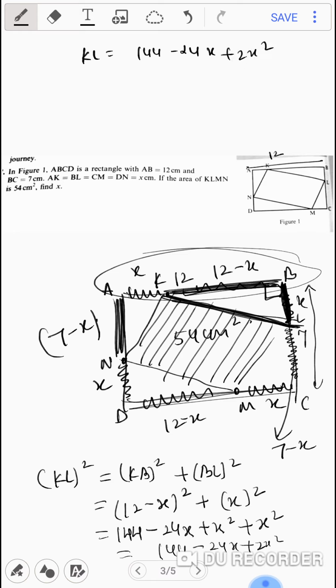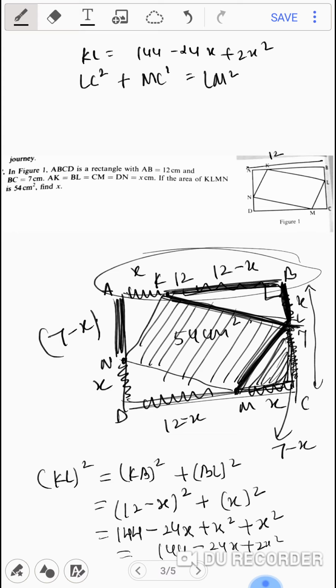Once you got KL, you also need to find LM, because that's the length and breadth of the internal rectangle. And for LM, you will take a triangle, this one, LCM, and you will again go with the Pythagoras theorem. That will be LC square plus MC square is equal to LM square.